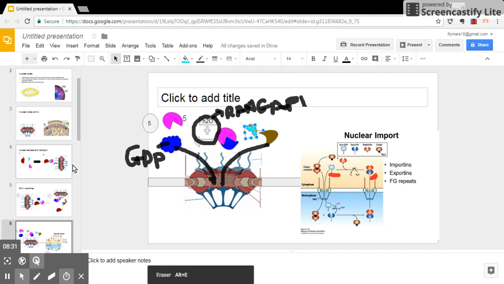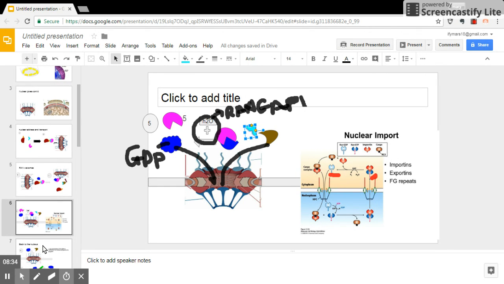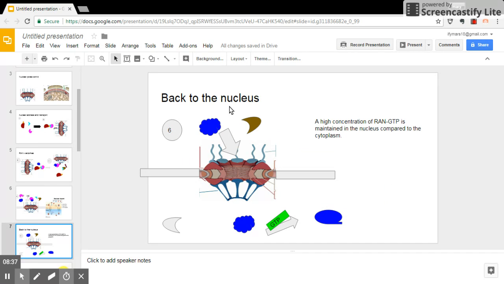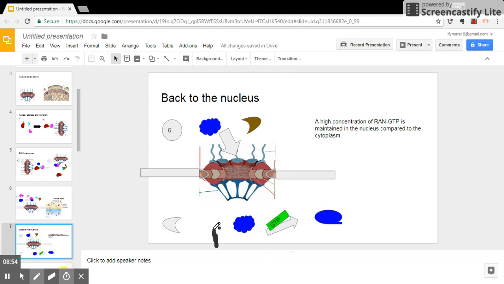In the next slide, as you can see, it's in its inactive state right now. We're going to make this active by adding GTP to it, and what performs this reaction is a protein called RCC1.